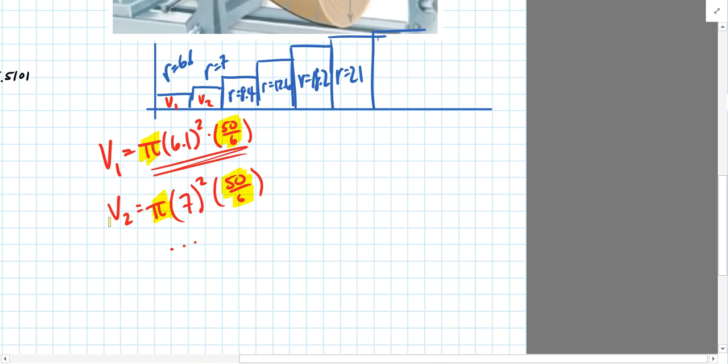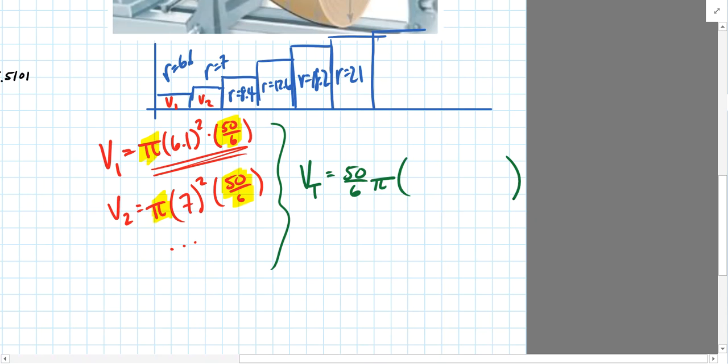So if I had all 6 of these written out and added them together, we would see that that's a common factor. And so what that might lead me to recognize, even before I finish writing them all out, is that the total volume, based on this approximation method, is going to be 50 over 6 times pi.